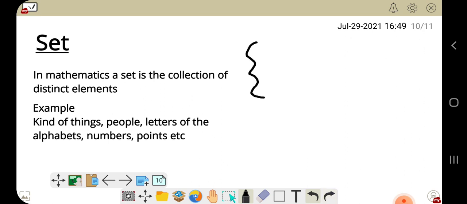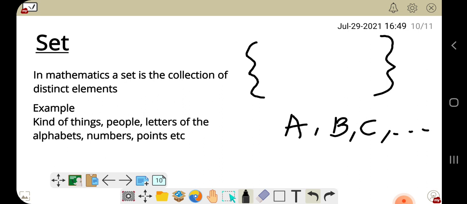Such bracket is called as curly brackets. Set will be always written in curly brackets, and set will be shown by capital letters A, B, C, and the elements of set will be written in small letters a, b, c, d, like this.